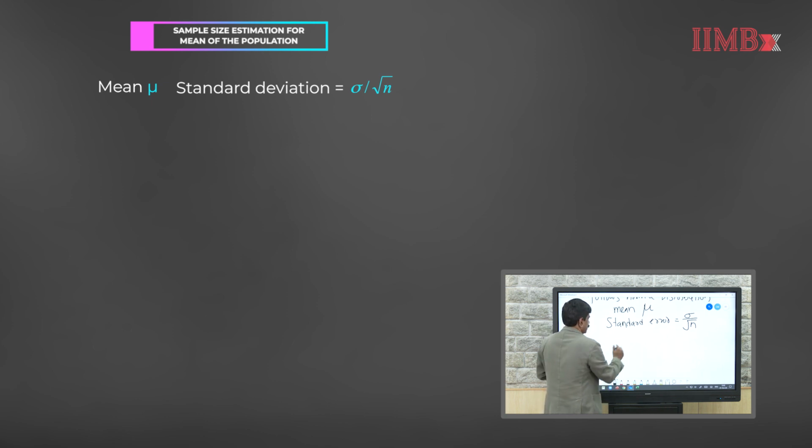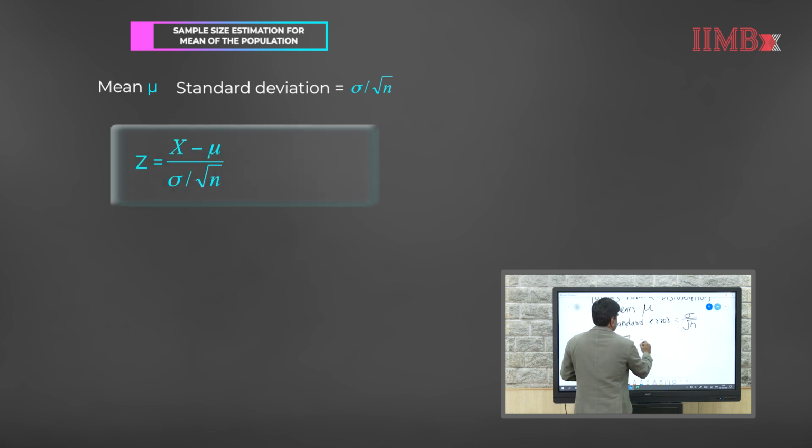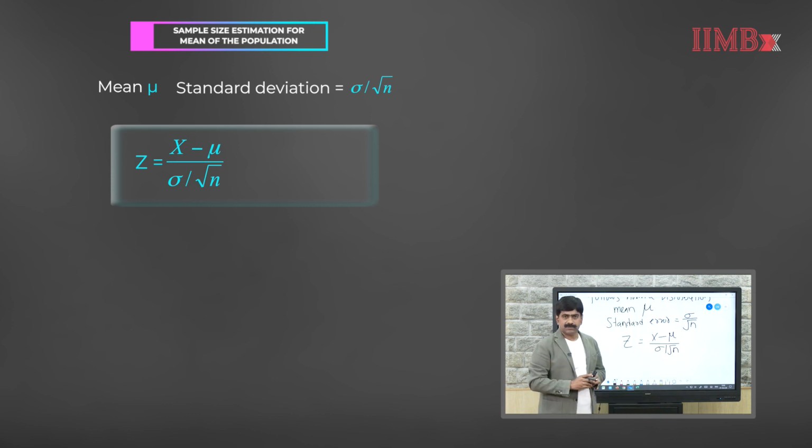We also know that z, which is x minus mu divided by sigma divided by under root n, follows a standard normal distribution, right. Now, we can rearrange this equation. The n goes up, under root n, and I can bring these values to the left side.